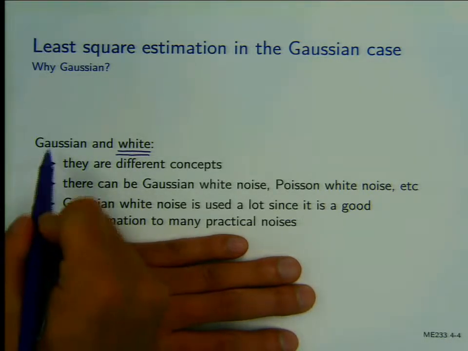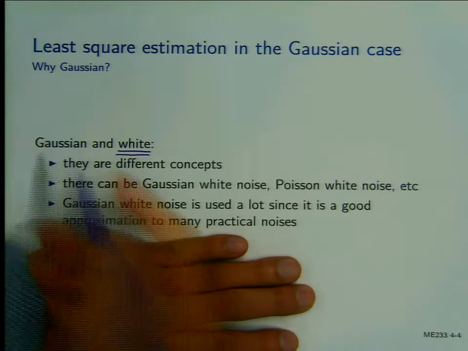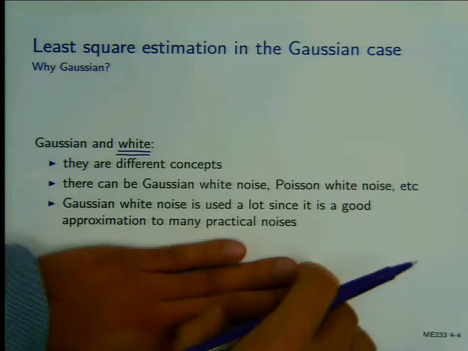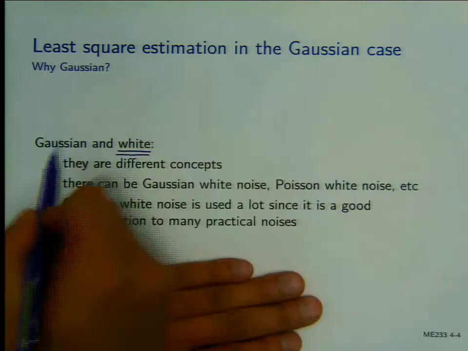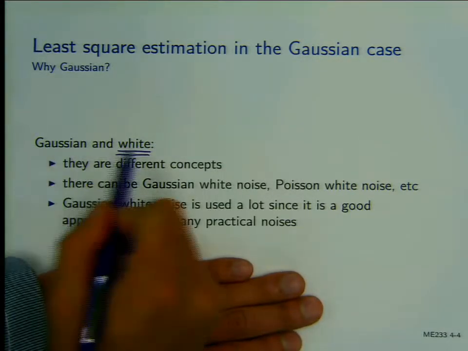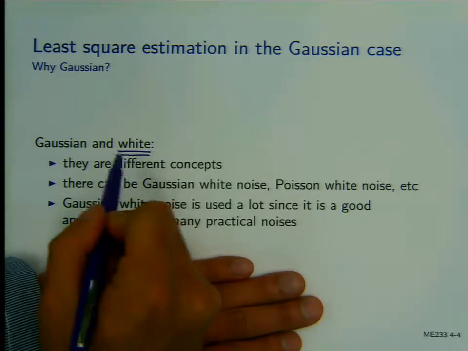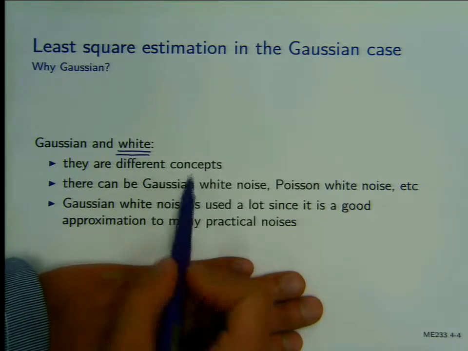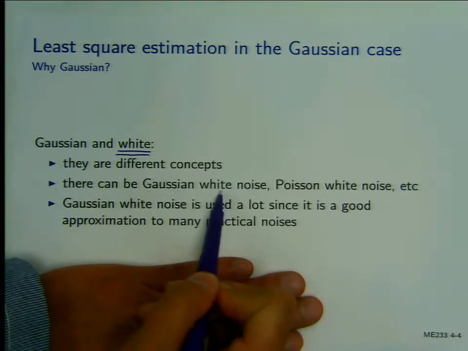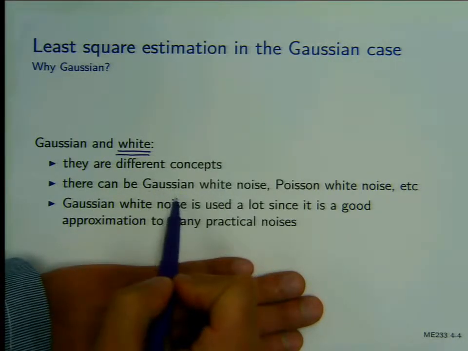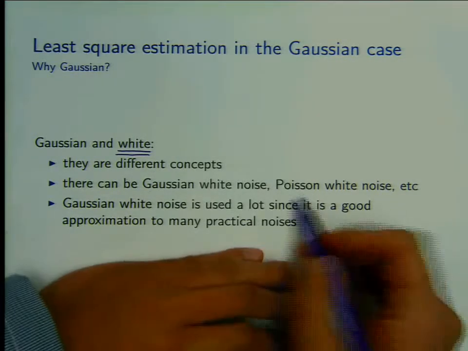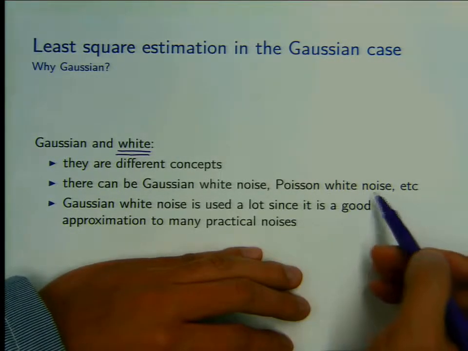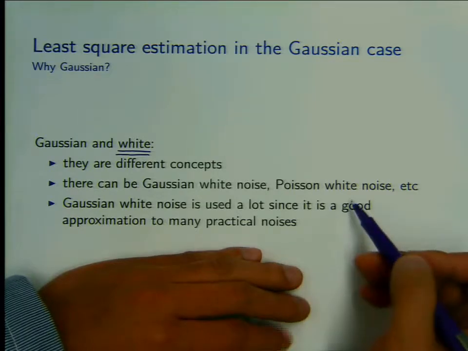But Gaussian is talking about something else. Gaussian is talking about how a random variable has its probability distribution. This is talking about how the random process evolves with respect to time. So totally different concepts. We can have Gaussian white noise, which is usually the case. But we can also have uniform white noise or Poisson white noise.